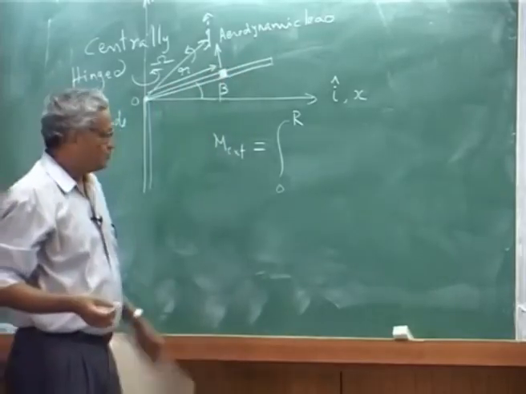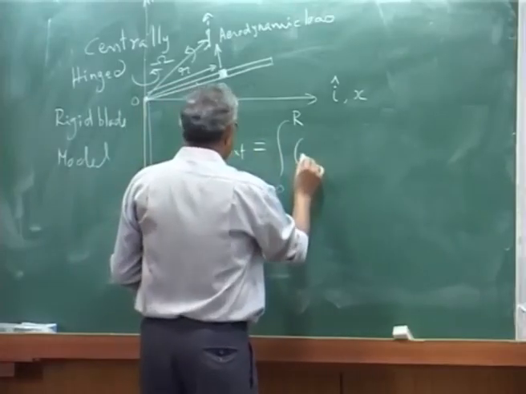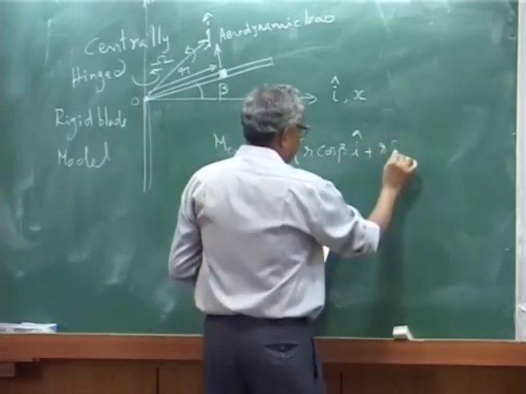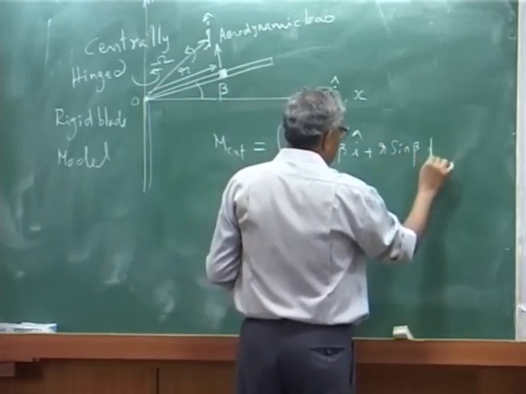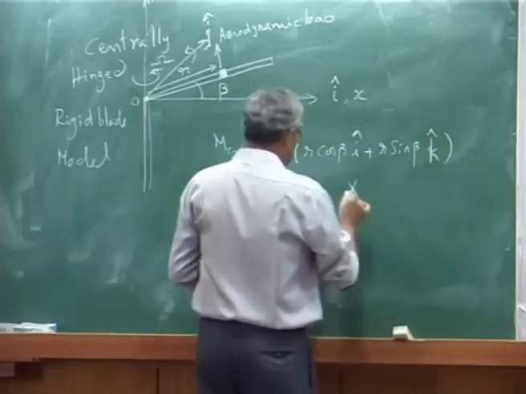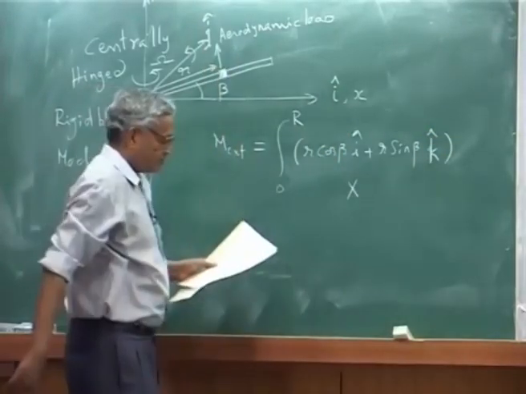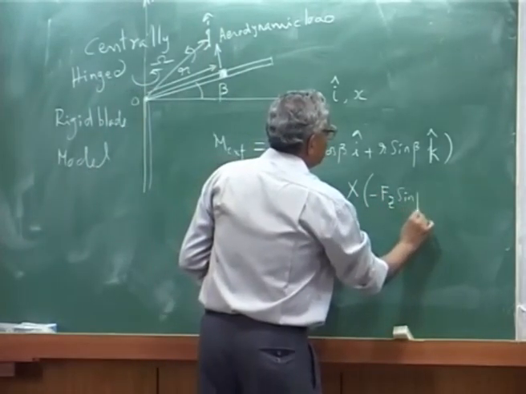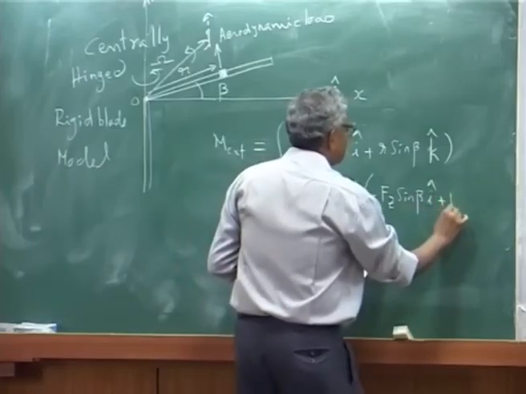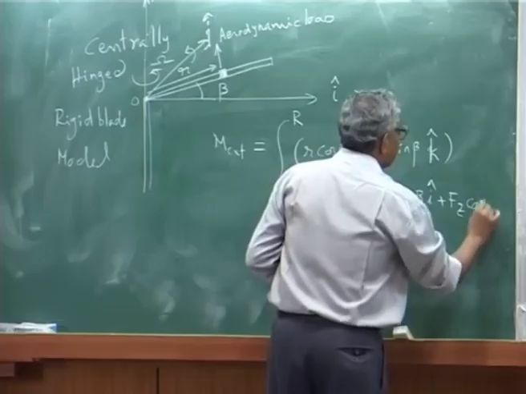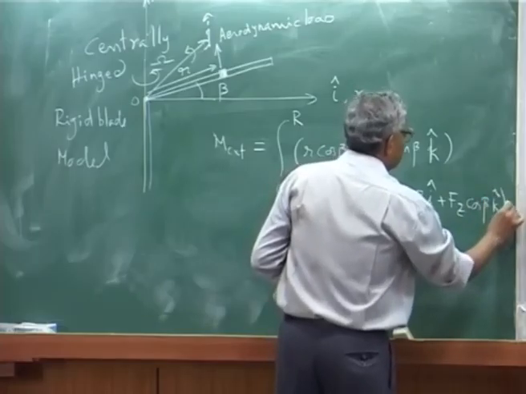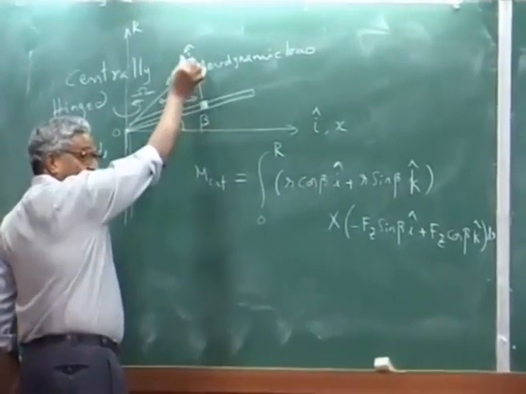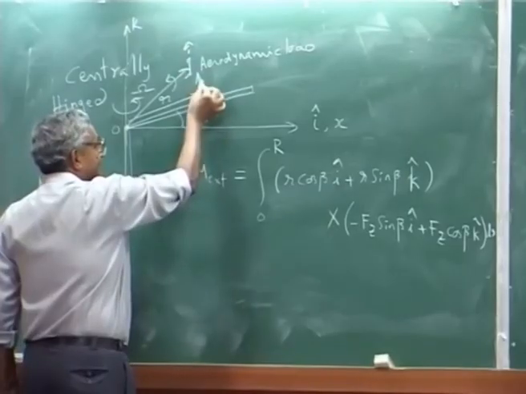So you will have r cross, so I will write r cosine beta I plus r sine beta K, cross your force. Force is minus Fg sine beta I plus Fg cosine beta K, dr, because this force is along this. So I take a component like this and like this.